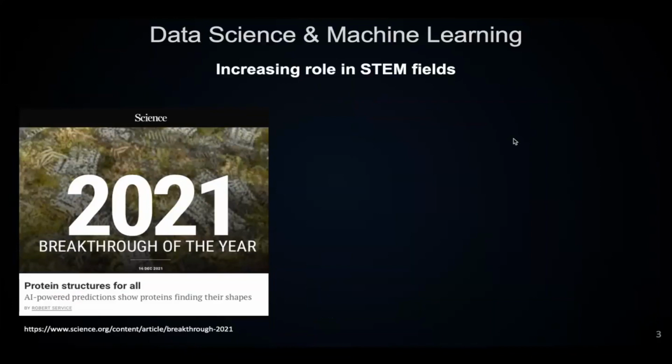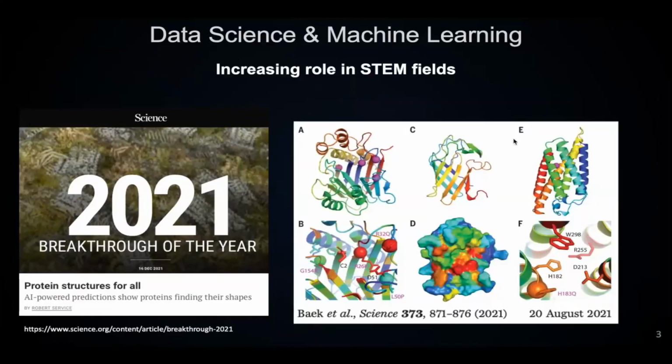And this has been a challenge that has been outstanding for 50 years, understanding how proteins, these very long chains, fold and form 3D structures. And for the first time, the best predictions that we have for protein structures are now driven by artificial intelligence.